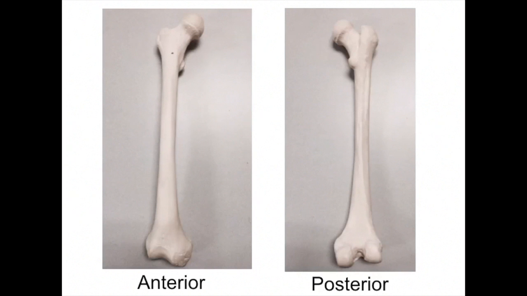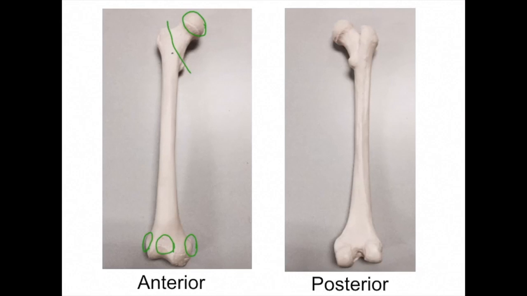Here is an anterior and a posterior view of the femur, which is the largest and longest bone of the body. Here you can see the head of the femur. You can see the trochanteric line. You can see the lateral epicondyle and the medial epicondyle, as well as the patellar surface, where the patella sits.